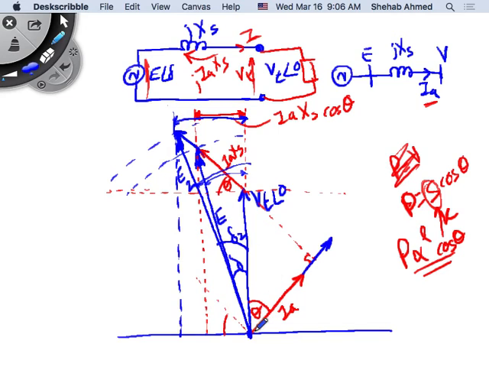Reactive power, did the reactive power change? Reactive power is based on the angle between terminal voltage and current. The angle did not change. So I did not change reactive power. I maintained reactive power. When I maintained reactive power and increased the active power, I had a more significant change in angle versus voltage, right?